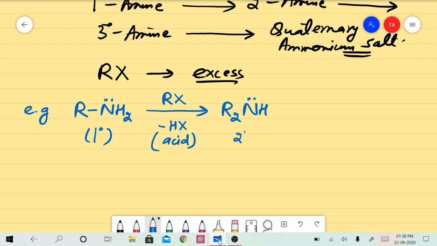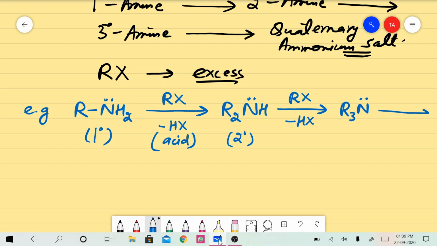Now a secondary amine is formed. This secondary amine reacts further with RX that is alkyl halide and gives a tertiary amine. Again a molecule of acid is formed.